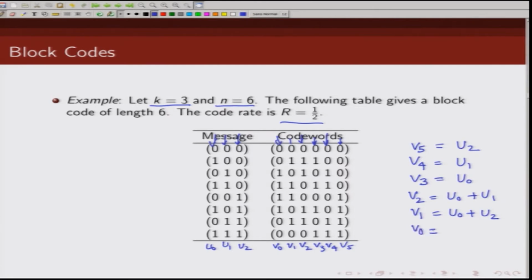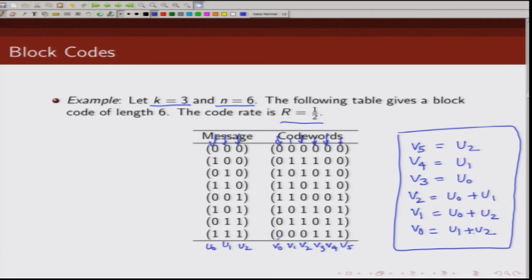What is V0? We can see that this is same as U1 plus U2. So, 0 plus 0 is 0, 0 plus 0 is 0, 1 plus 0 is 1, 1 plus 0 is 1, 0 plus 1 is 1, 0 plus 1 is 1, 1 plus 1 is 0, and 1 plus 1 is 0. So, this is how we have mapped our information bits into our coded bits.